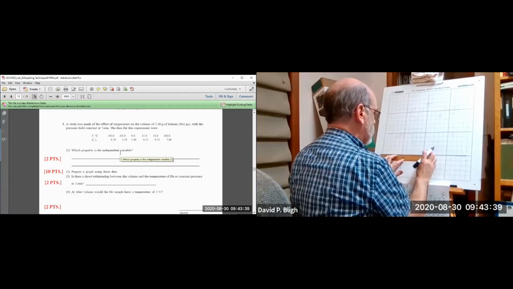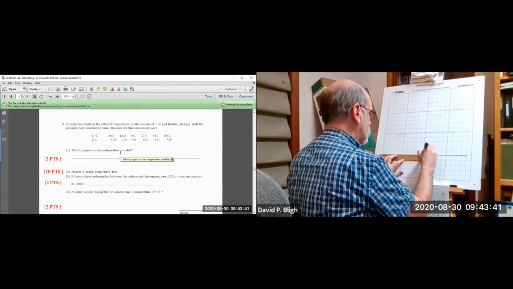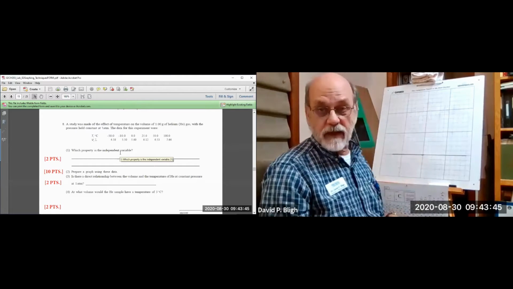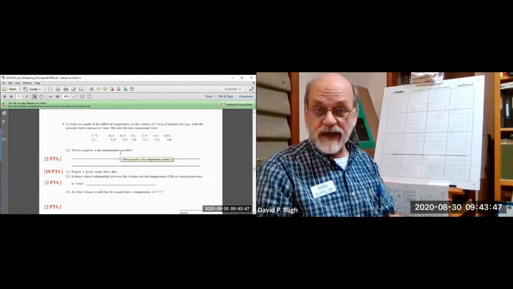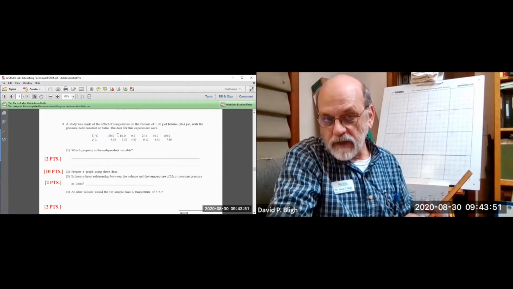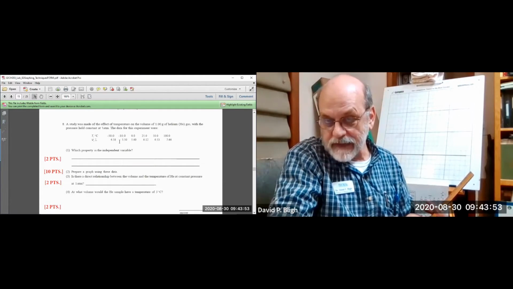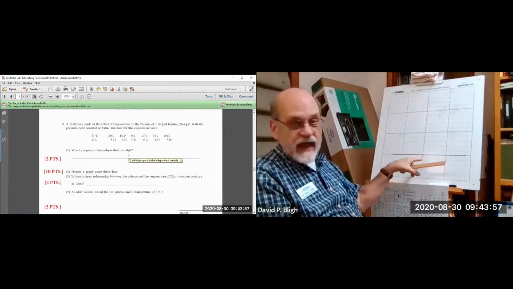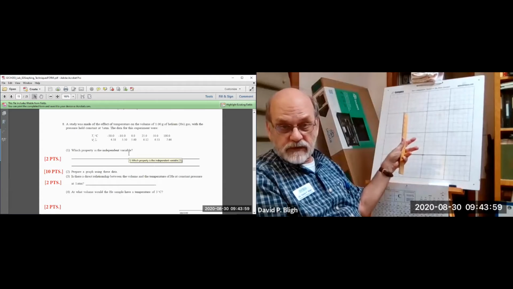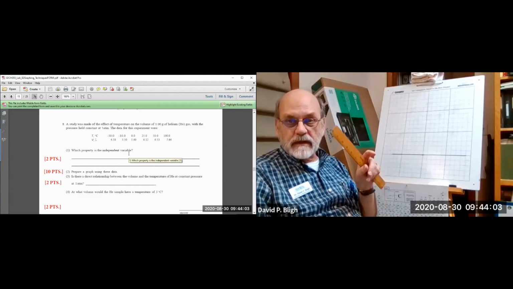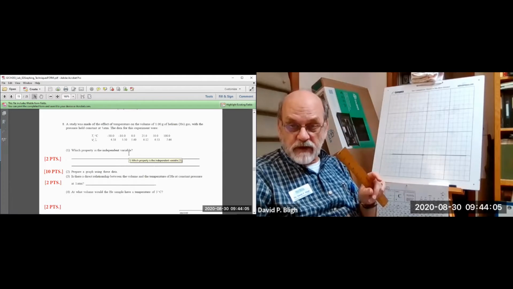Okay, and it can go negative. Now, why am I making a place for negative values? Because temperature can go negative in this data set. But why would I say negative on this axis and not the y-axis?